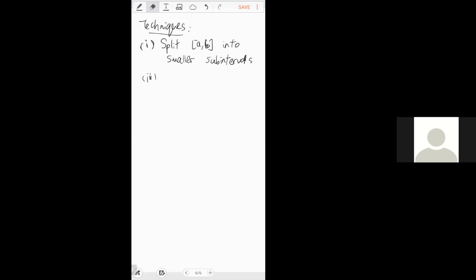Second step, compute the area of the rectangle for each subinterval.